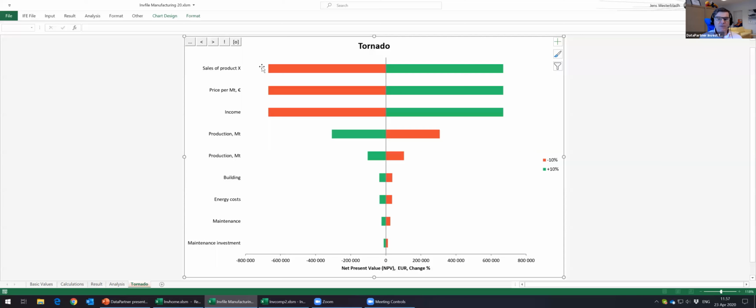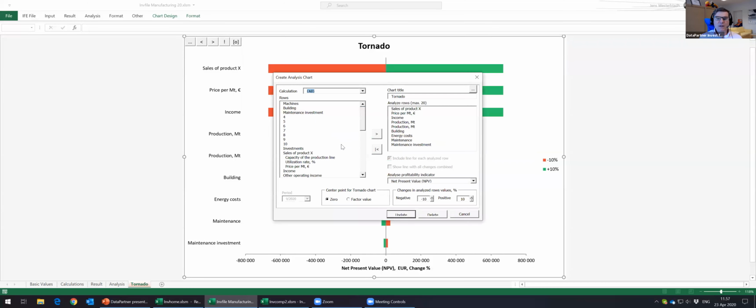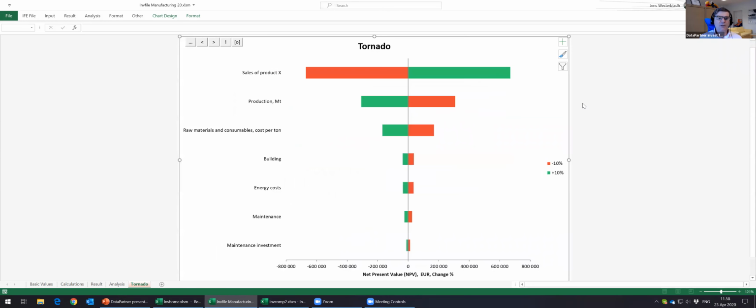Okay, these three will have the same impact, so I can reduce those. And let's take cost per ton and update like this. Now it looks like I wanted to.